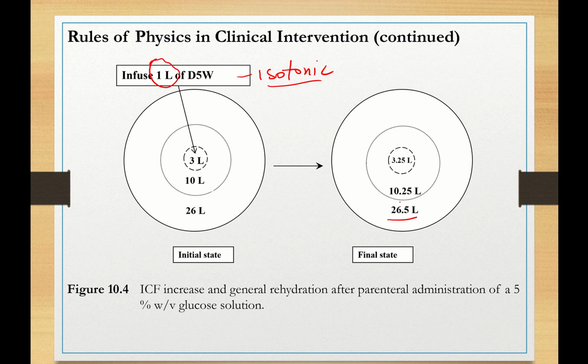Let's say 0.5 went into the intracellular fluid, 0.25 remains in the interstitial compartment, and 0.25 remains in the blood. And again, this is because you gave an isotonic solution, and because it is isotonic, it didn't cause any shifts of fluids from the body compartments.